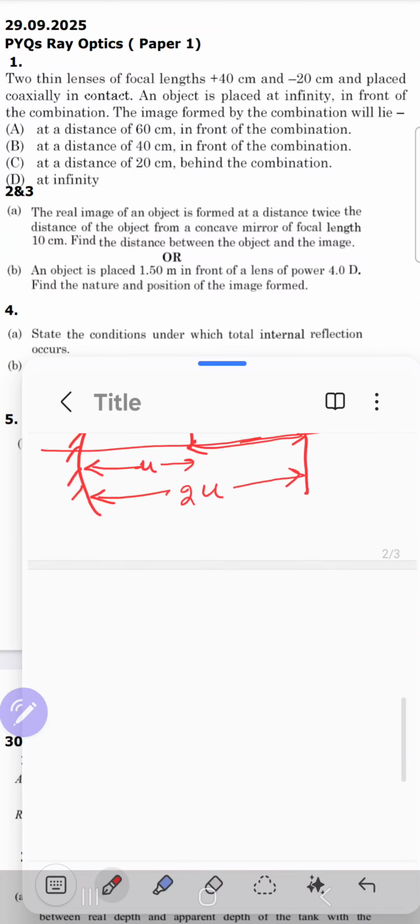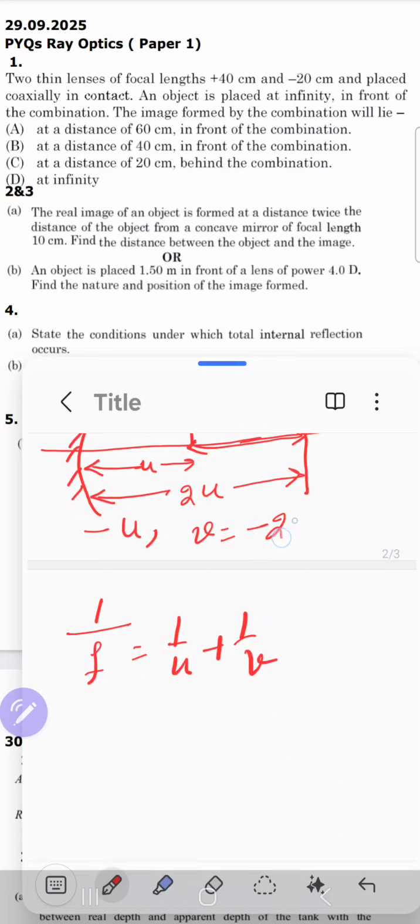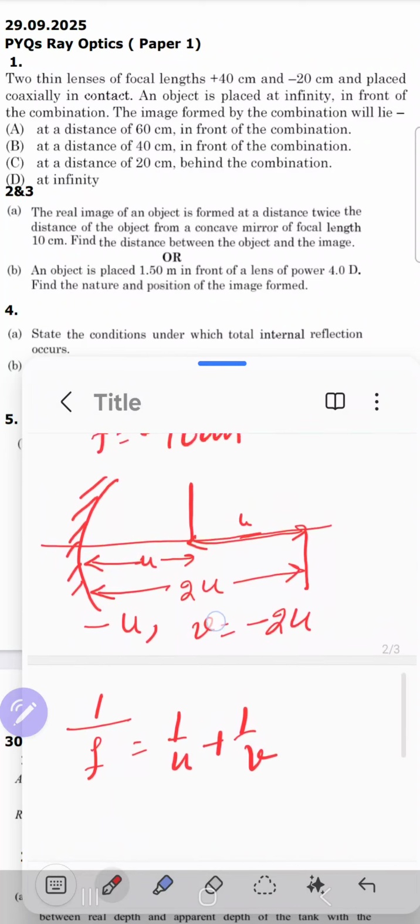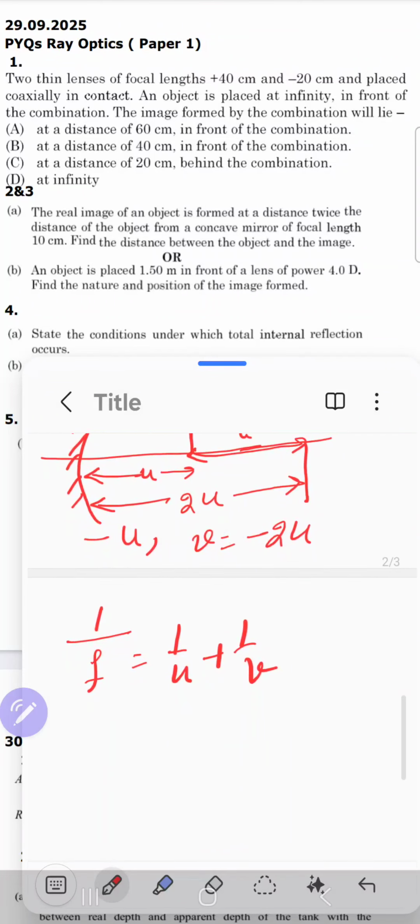This is a concave mirror, so we will use the formula of the mirror. 1 over f is equal to 1 over u plus 1 over v. Now you see, using sign conventions, object distance is minus u and image distance would be minus 2u, because both of them would be in front of the mirror, so both of them would be negative. And here focal length is also negative because this is a concave mirror.